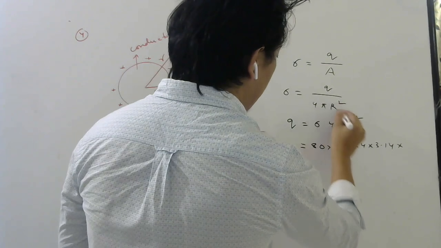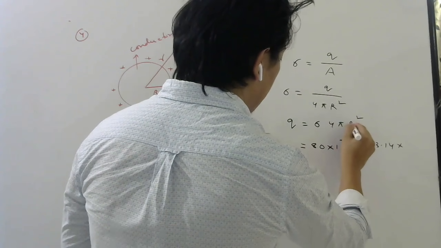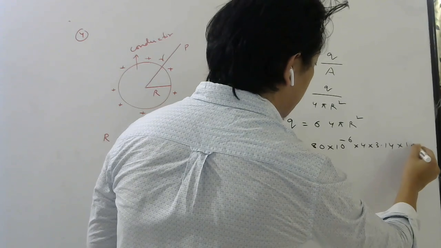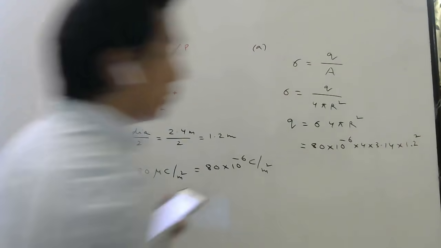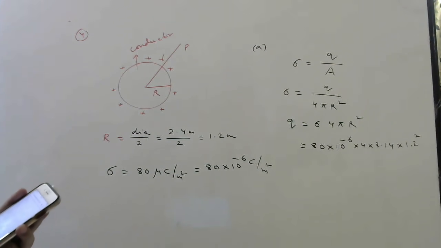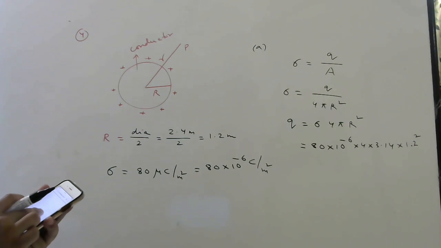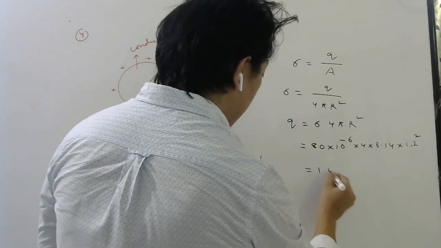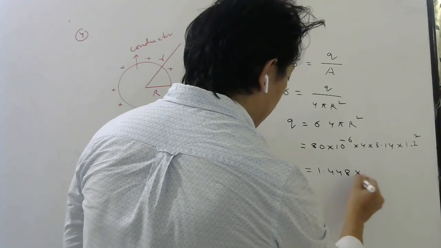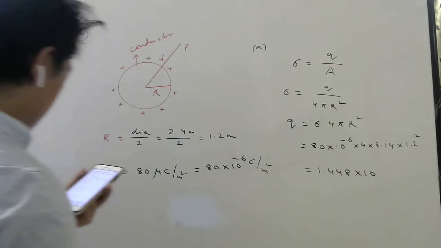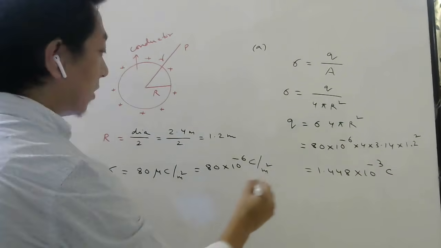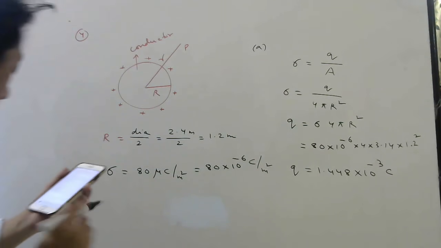Radius of the sphere is capital R. And what is capital R? 1.2. So 1.2 square, which will be 1.44, right? So if you do the calculation, you will get finally 1.448 into 10 to the power minus 3 coulomb. That's a millicoulomb. Okay. So this is the charge.